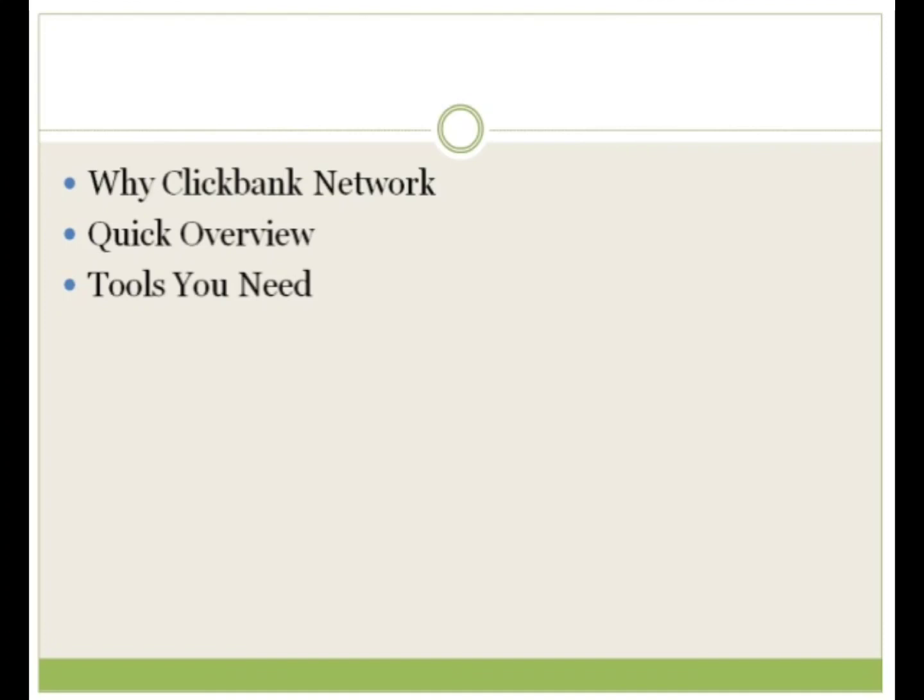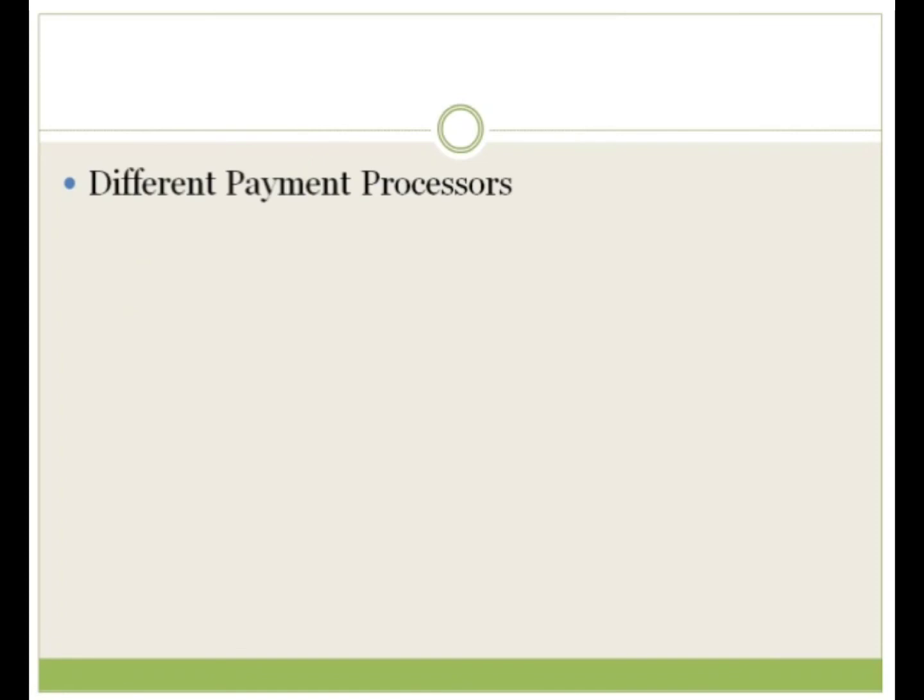So why ClickBank Network? Well, the good thing about using different payment processors is this. You may already be aware of this, you may not. PayPal is a well-known payment processor. The only problem with PayPal is they are known to freeze and shut down accounts without notice.